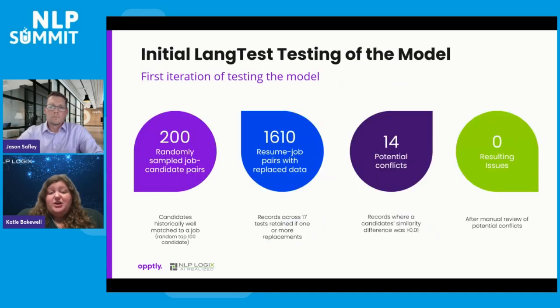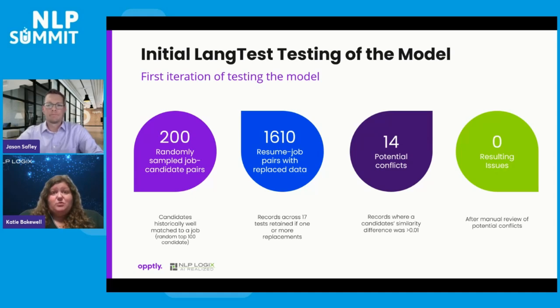So in training, that first initial piece, we've got our 200 randomly sampled job and candidate pairs. These are candidates that were historically great matches to a job. So random top 100 candidate. That leads us to 1,600 resume job pairs where there was at least one thing that needed to be replaced. There's a lot of cases where nothing needs to be replaced, but there were 1,600 where there were 14 potential conflicts, and those were all manually reviewed.